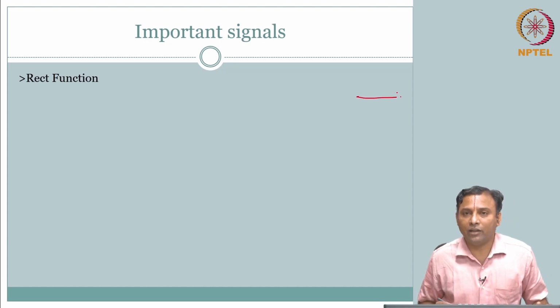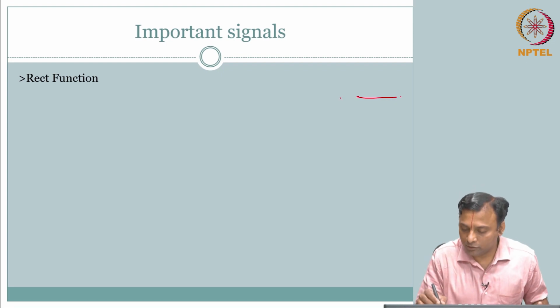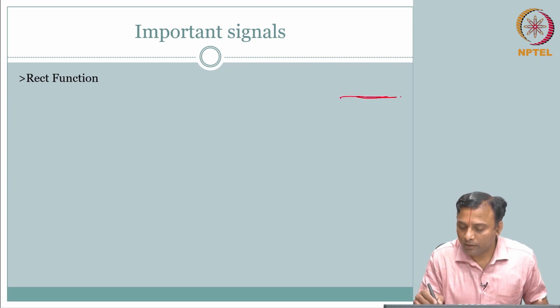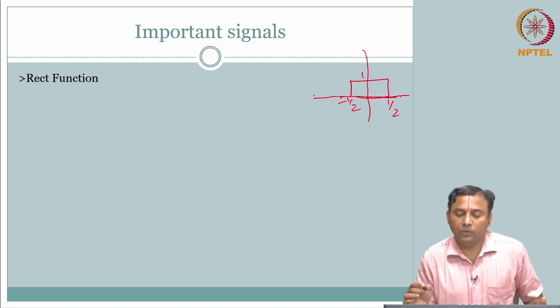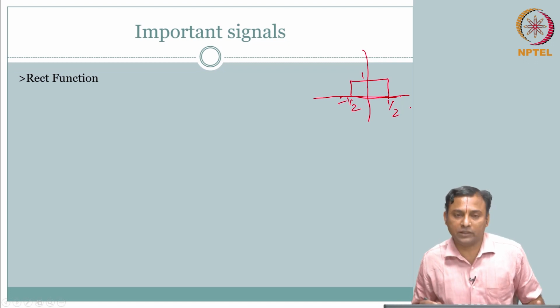So how will the rectangular function look? That is my independent variable, so that was my t, and it is 1 over a range, and the rest of the time it is 0. This is how a rectangle function in 1D looks like.